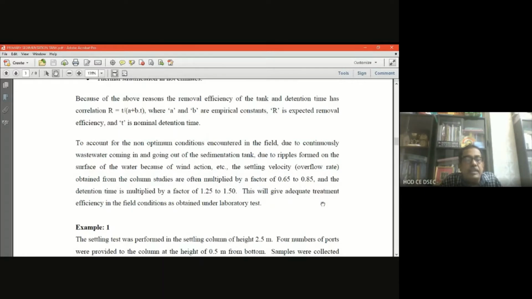This will give adequate treatment efficiency in field conditions, as obtained in the laboratory test. So this is the thing.